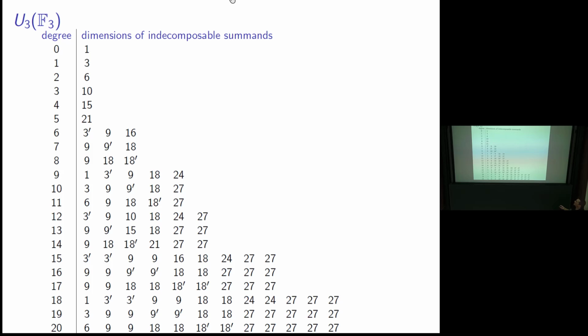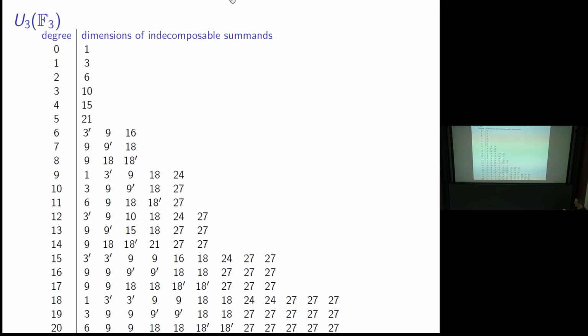Here's the degree, and so in degree 10, the module is the sum of 5 things, and the number is the dimension. So 9 is not isomorphic to 9 primed, but it is isomorphic to the other 9. That's just the notation. You can look at that, and you can see there's a pattern. The most obvious thing being that 27 is the free module. But the rest is not so obvious.